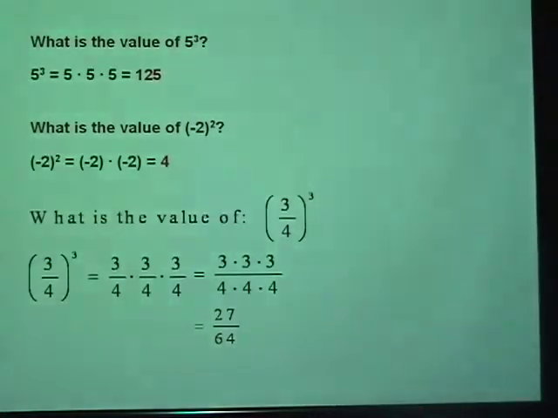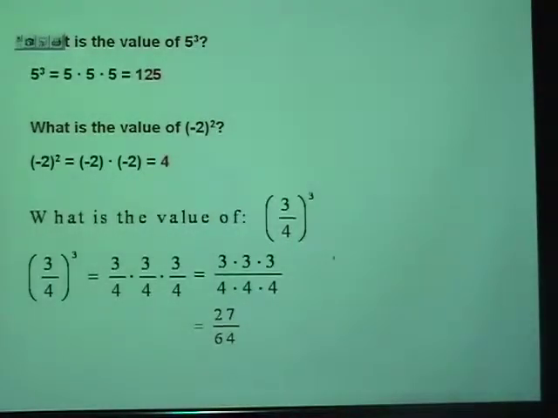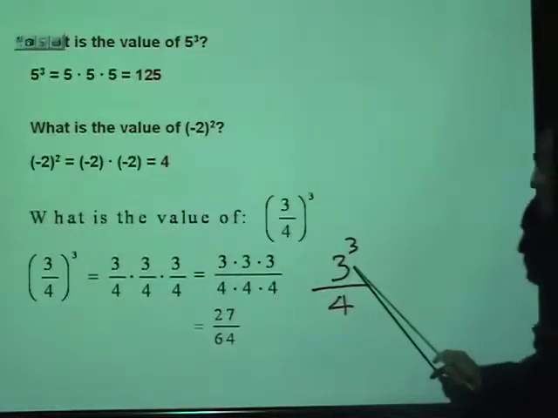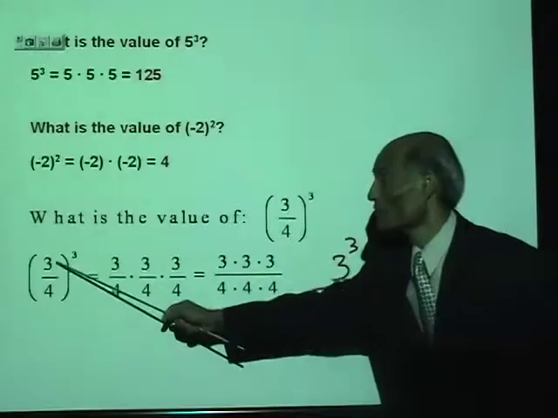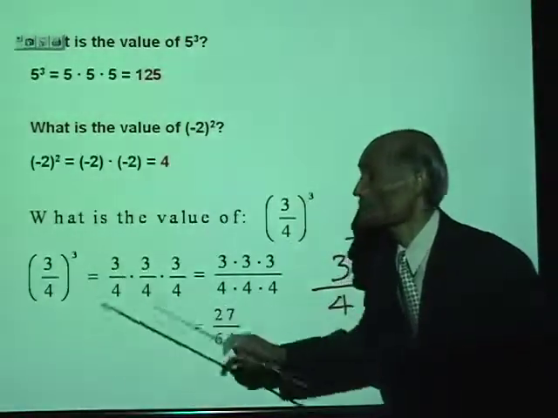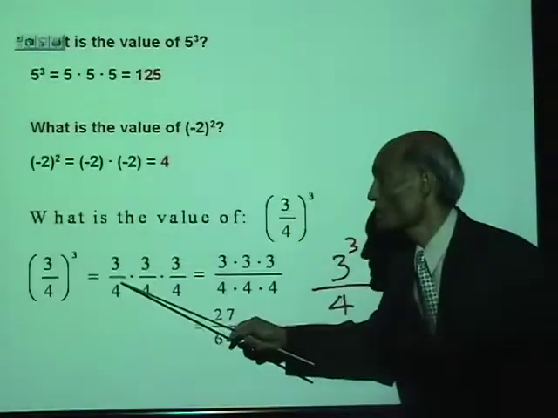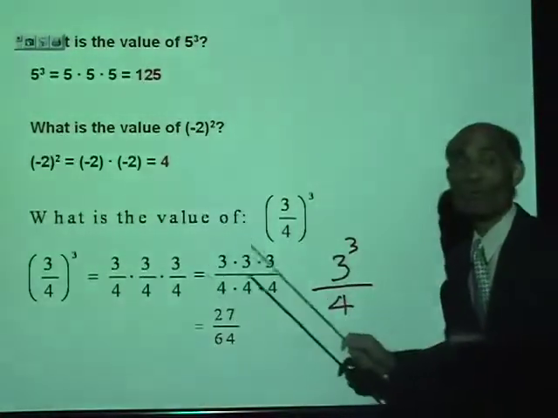Alright, watch this for a minute. Remember, if you have 3 raised to the power of 3, divided by 4, you must understand that this is not the same as this. 3 over 4, the quantity, is raised to the power of 3. That is 3 over 4 times 3 over 4 times 3 over 4.